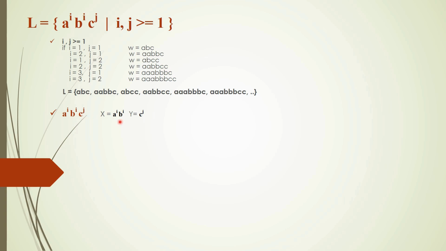As A, B and C are part of the same language, we have to start with both X and Y. So we write our start symbol as S to X Y. It means it contains A, B and C. Then let's design X first.